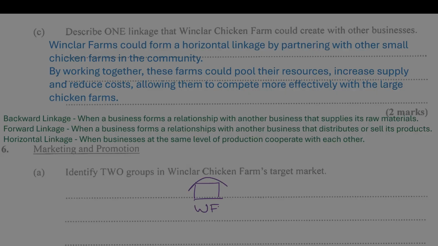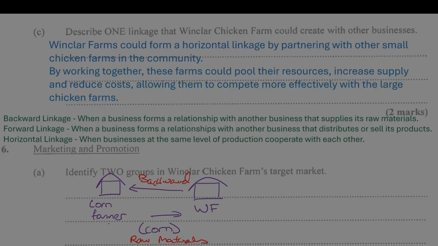So Winkler Farms, and we set up a relationship, a business relationship with the local corn farmer to purchase his corn so that we can use it as feed in our chicken farm. So when you set up a relationship with another business that supplies you with raw materials like this corn, this is known as a backward linkage.